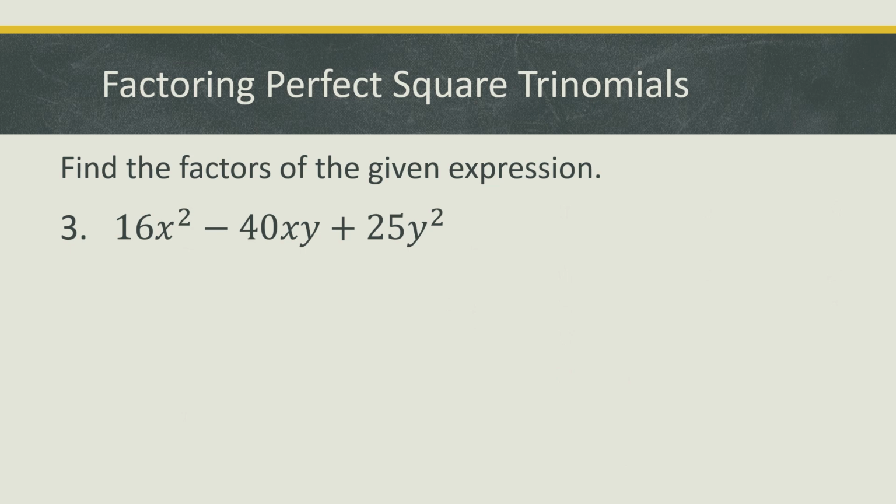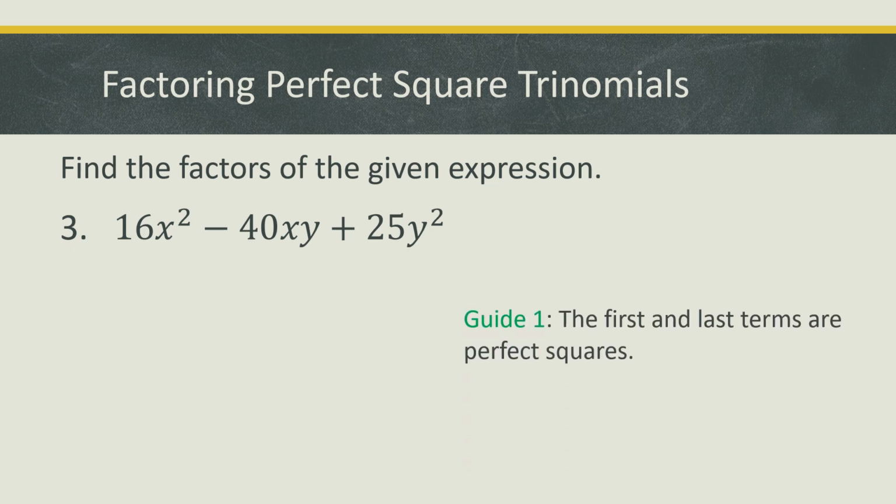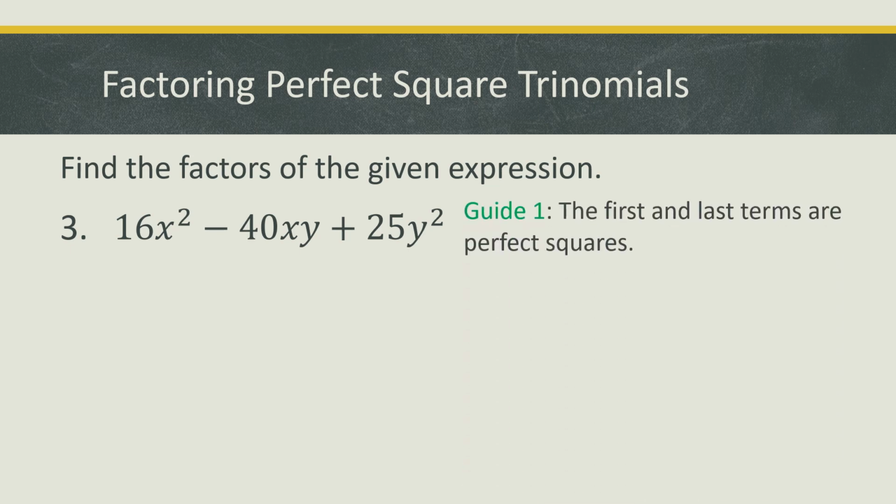Example 3, 16x squared minus 40xy plus 25y squared. Let's check if the given trinomial is a perfect square trinomial. Guide 1, the first and the last terms are perfect squares. The square root of 16x squared is 4x.